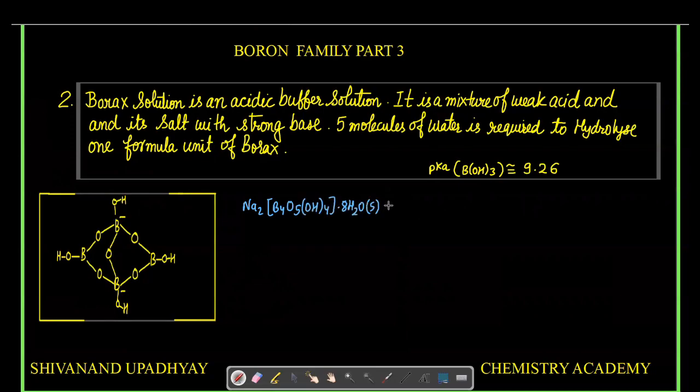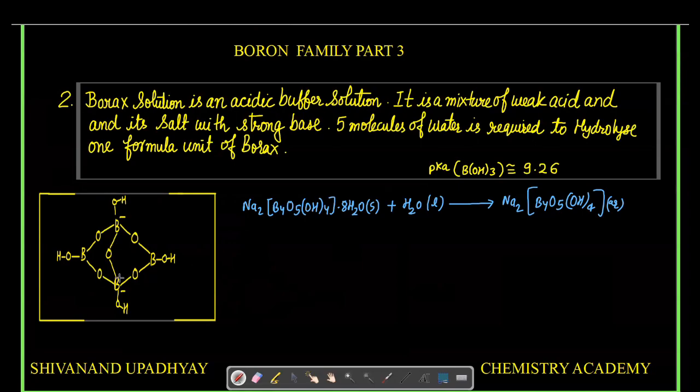When this borax is added to water, it will dissolve. So after dissolution in water, it will exist like Na2B4O5(OH)4 in aqueous state. Now this anion of borax is going to react with water, which is known as hydrolysis.